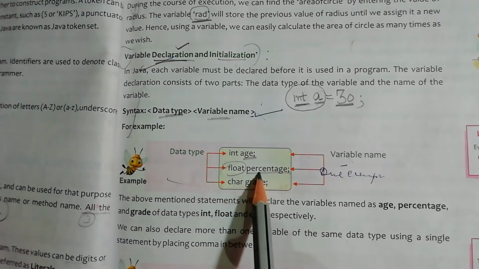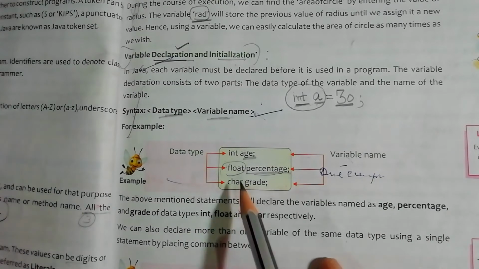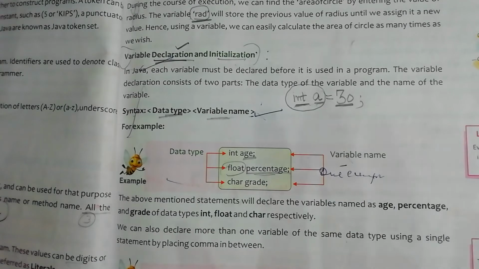For example, you are going to store a percentage. Suppose your percentage is 92.35. So 0.35 means the number has this decimal part. तो उसके लिए integer is not suitable for you. Float data type will be suitable for you.